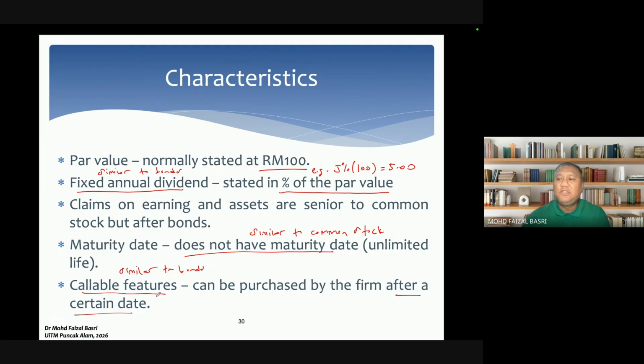So mungkin bila dia issue katakanlah tahun ni 2026, so dalam contract dia beritahu, okay, the preferred stocks can be called in 5 years time. So dalam tempoh 5 tahun akan datang. So pada tahun kelima nanti, issuer can redeem atau can call the preferred stocks tanpa ada maturity lah, sebab memang dia tak ada maturity pun.